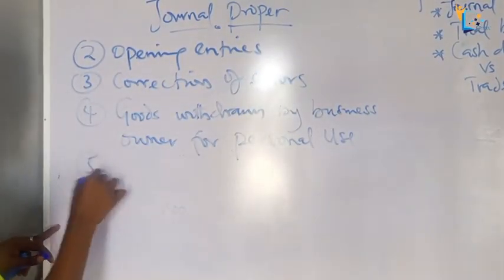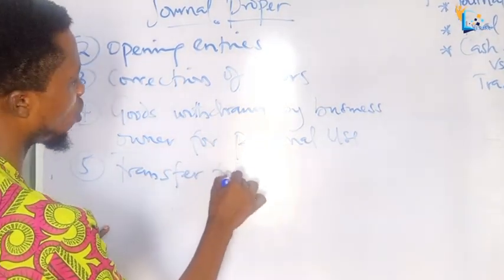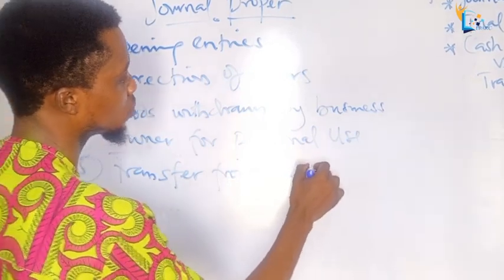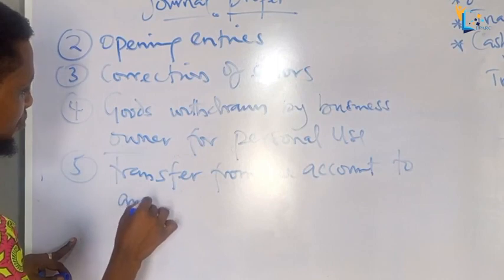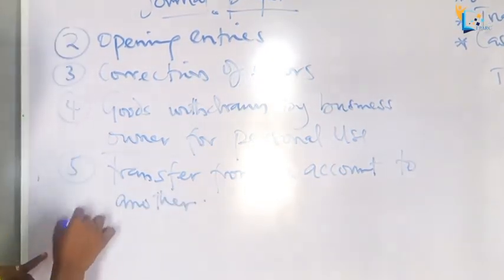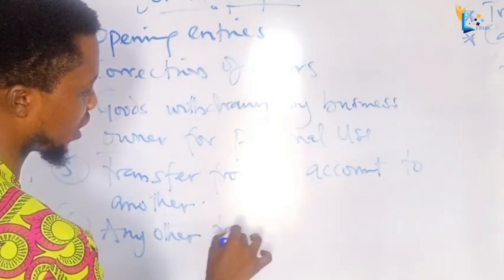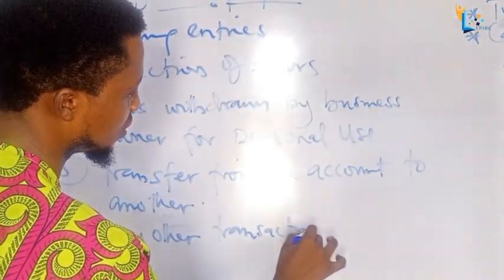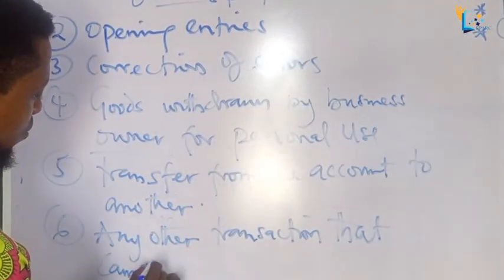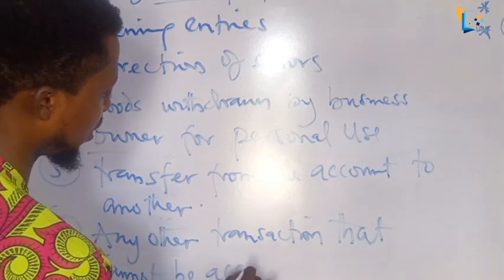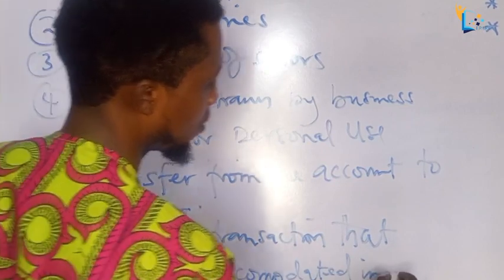Then 5, we have transfer from one account to another. Then number 6, we have any other transaction that cannot be accommodated in other books.